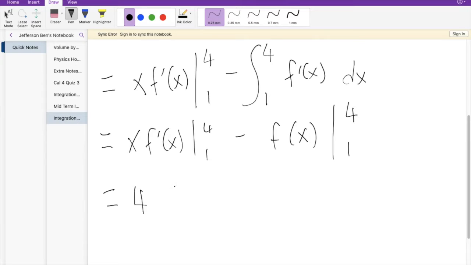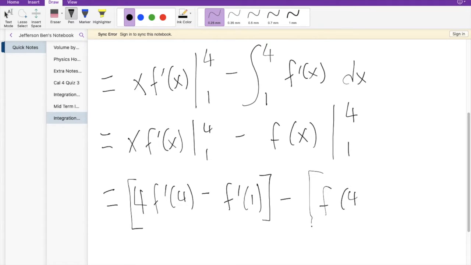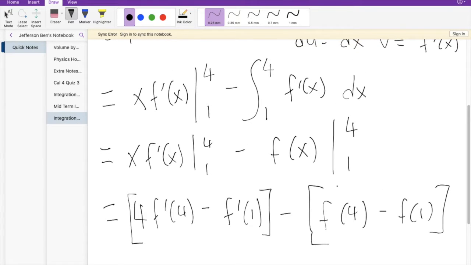You will get 4 times f prime of 4, so I will write a bracket here, minus 1 times f prime of 1, close bracket, minus f of 4 minus f of 1.